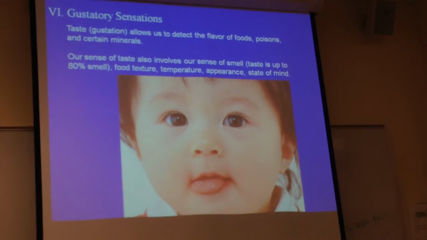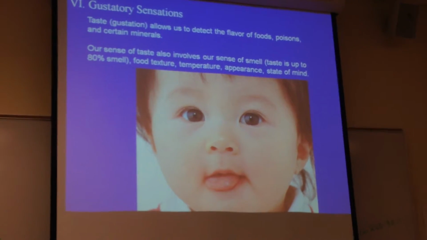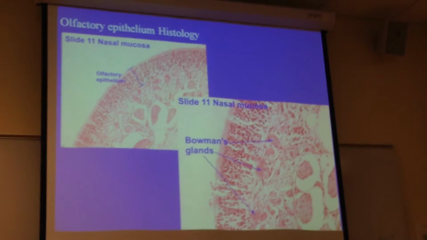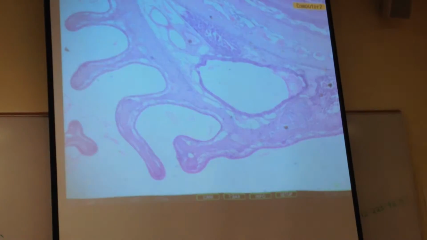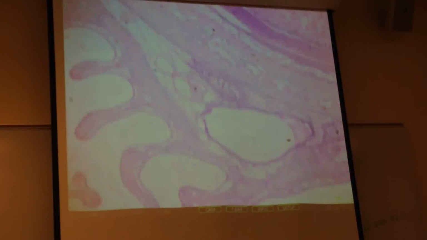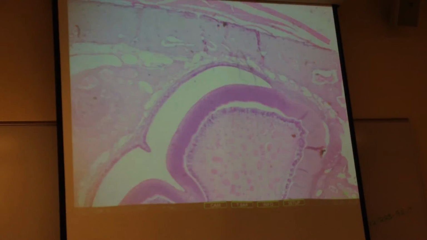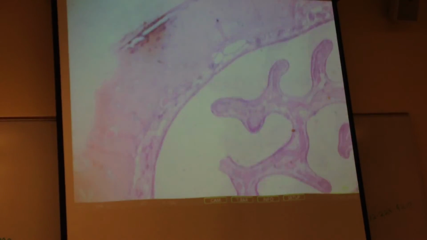So when we put the slide on for that, what it's going to look like at low power is going to be like this. I see all kinds of things going on there. I'm going to see some hyaline cartilage in there.